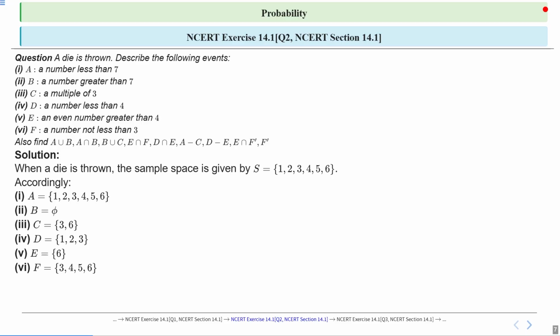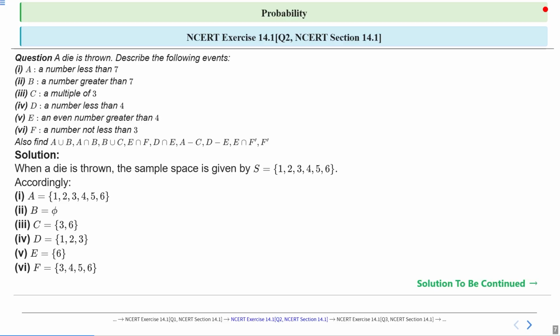So we found events A, B, C, D, E and F. And now we have defined A union B, A intersection B, B union C, E intersection F, D intersection E, A difference C, D difference E, and E intersection F complement and F complement. Okay, clear? So now we will find these unions, intersections, differences and complements.